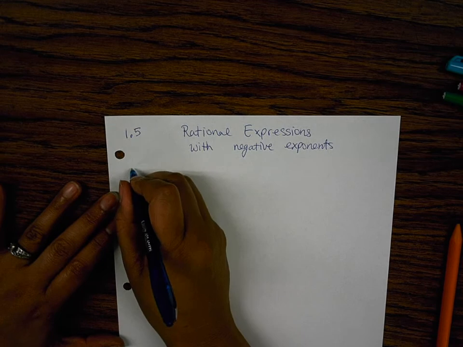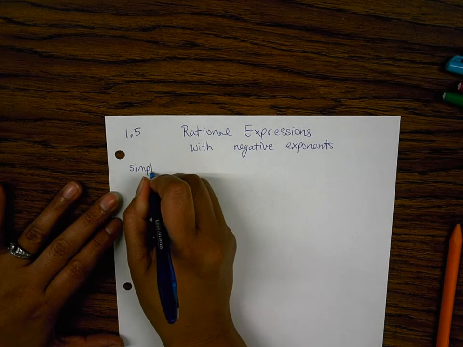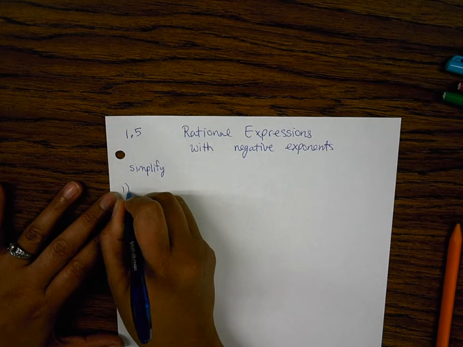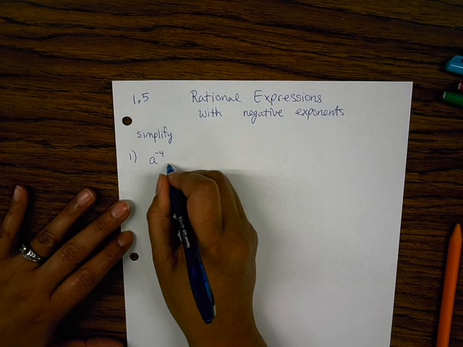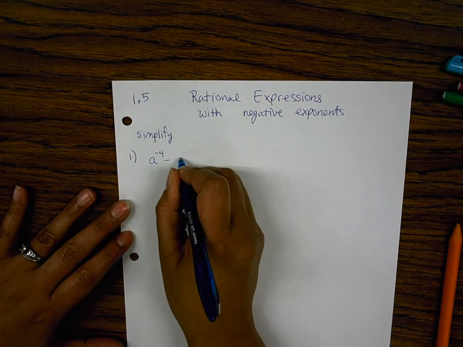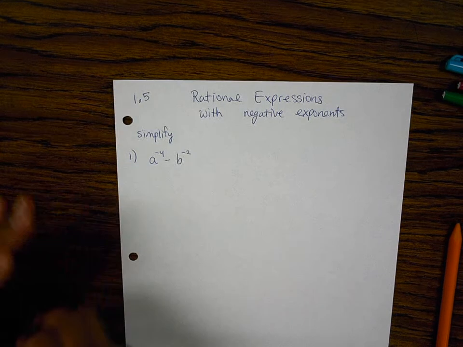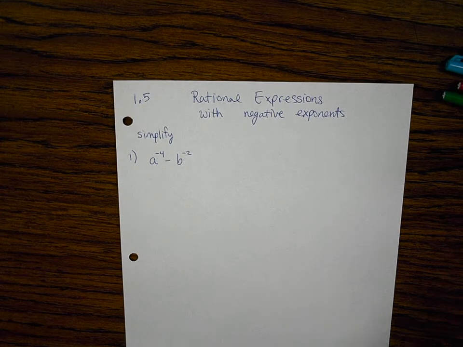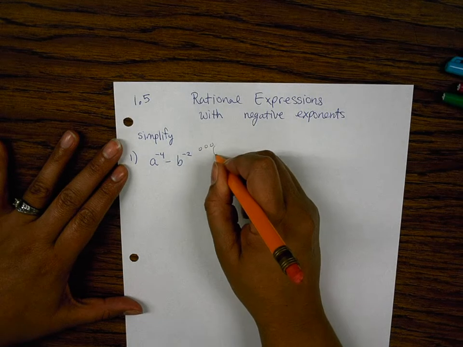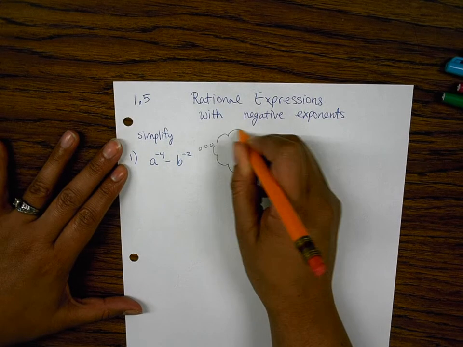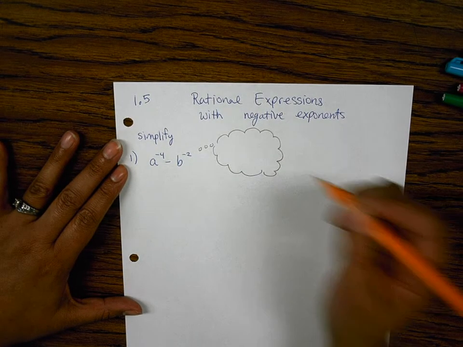Okay, simplify. Number 1, a to the negative fourth minus b to the negative second. Before I show you how to properly do it, I want to quickly show you a common mistake that kids make, just so you don't ever try to do it.